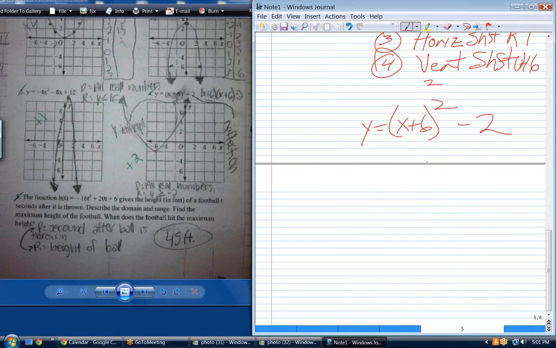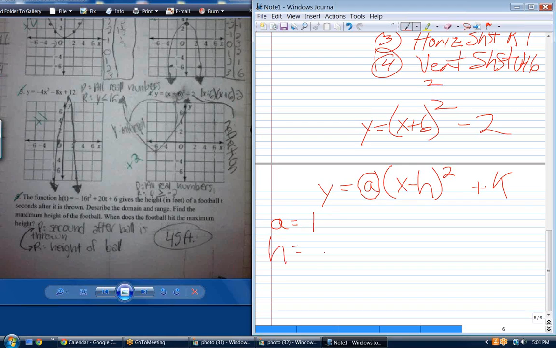Notice that the format that it's in is y equal a times x minus h squared plus k. What is a? a would incidentally be the vertical stretch factor. What is a in our problem? Oh, 1. Okay, what is h? 6. Okay, if it were 6, it would have to read x minus 6.